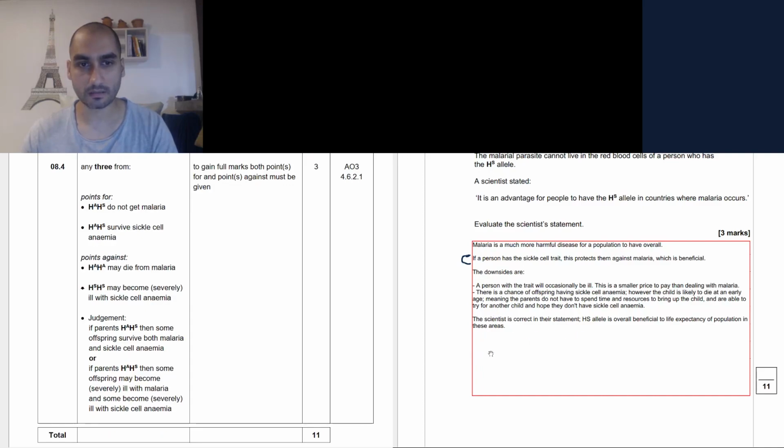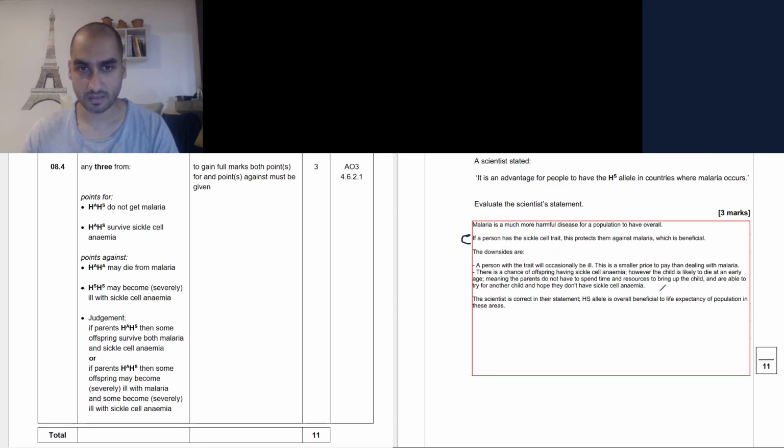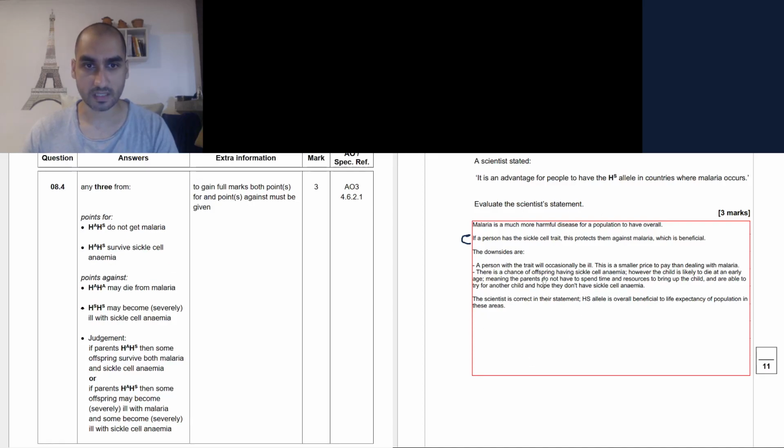I'm saying that if the HS allele is present, then you can have people that will survive, because occasionally be ill, but smaller price to pay than doing. Overall beneficial. Okay, I think I've sort of made that judgment, but in different words. So I reckon 2 marks, but I didn't say anything against.